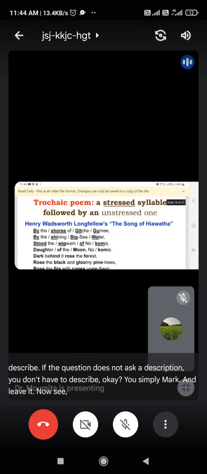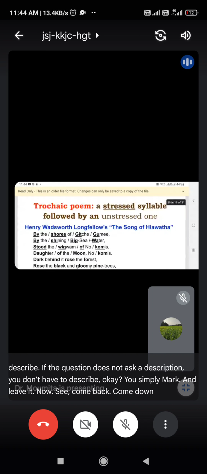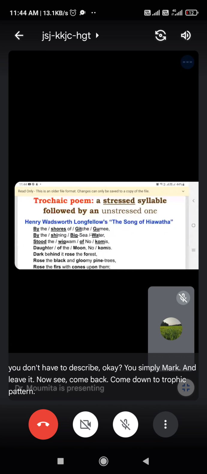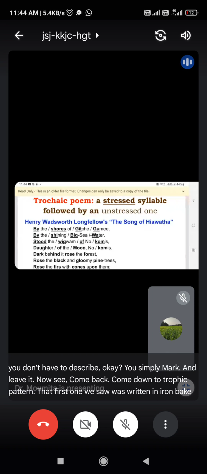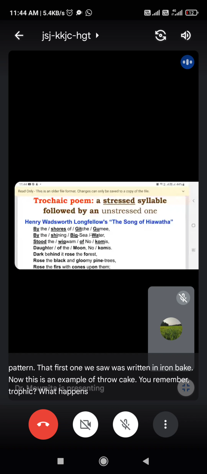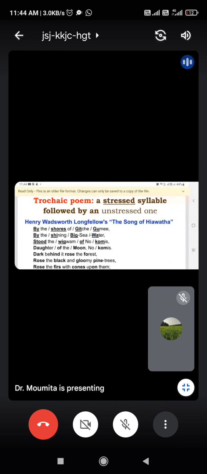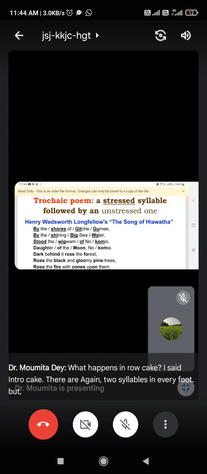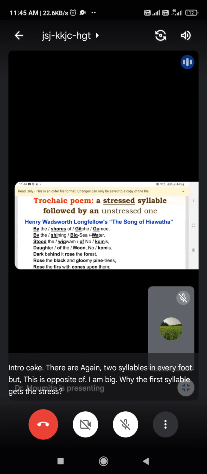Now see, come down to trochaic pattern. That first one we saw was written in iambic. Now this is an example of trochaic. Remember trochaic? What happens in trochaic? I said in trochaic there are again 2 syllables in every foot, but this is the opposite of iambic.